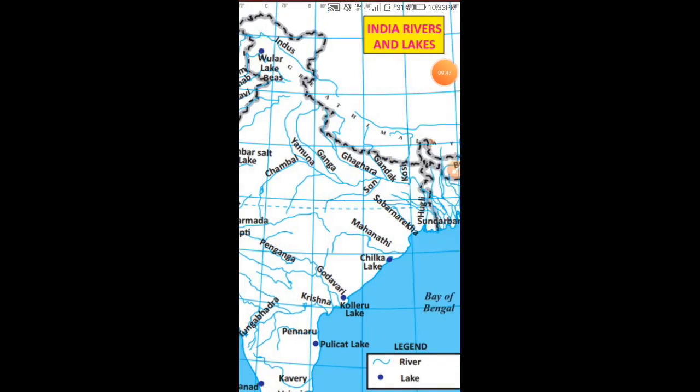Next, the important rivers asked in your examination. First, in the 2 mark itself we saw the west flowing rivers. So that is Sabarmati, Mahi, Narmada and Tapti. The next important rivers are Ganga and Yamuna.